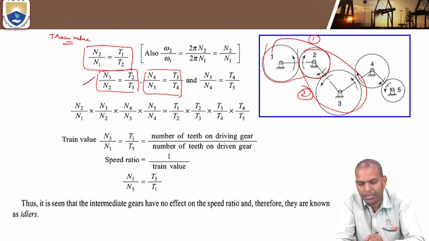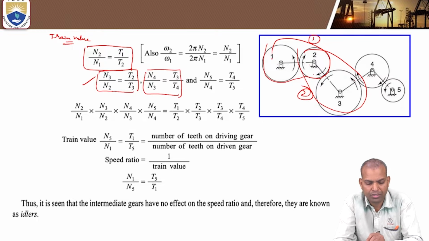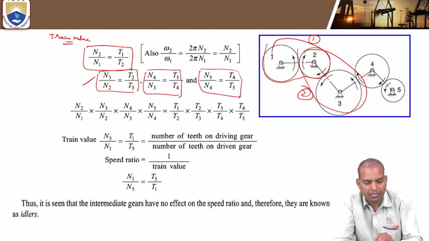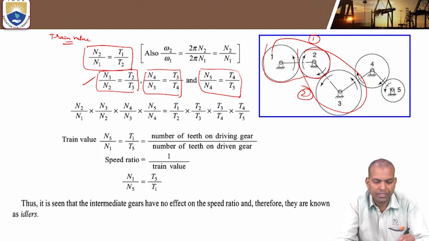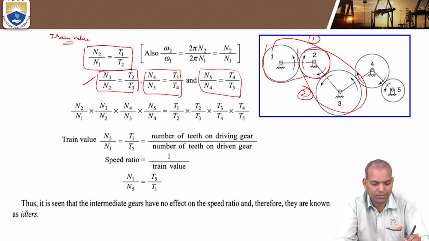And finally, combination 4 and 5. Here 4 is the driver, 5 is the follower. The speed of the follower by the speed of the driver, that is N5 by N4 equal to T4 by T5. The product of all these trains is N2 by N1 times N3 by N2 times N4 by N3 times N5 by N4. If we cancel, finally it comes to N5 by N1.